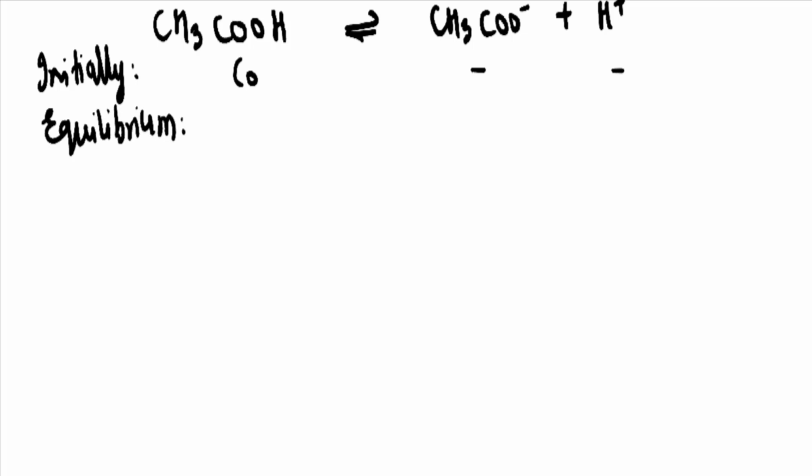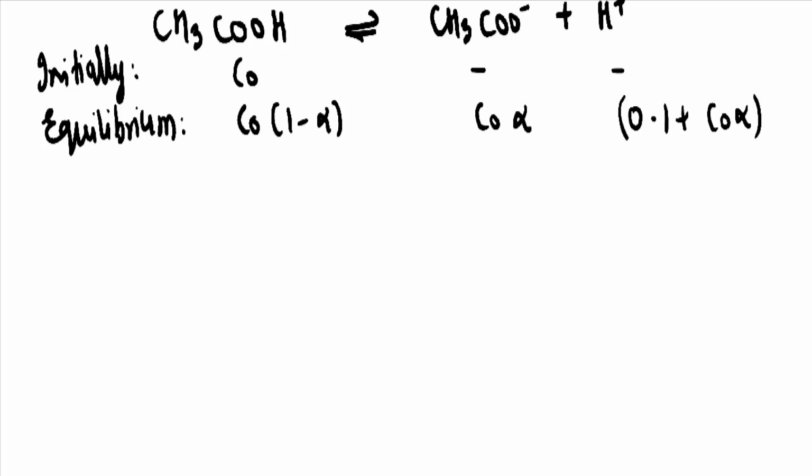At equilibrium, we will have concentration as C0 into 1 minus alpha, C0 alpha, and here, as we have added the HCl, our concentration will be equal to 0.1 plus C0 alpha, with 0.1 coming from the HCl basically. So this will be the total concentration of the H plus ion in the solution.